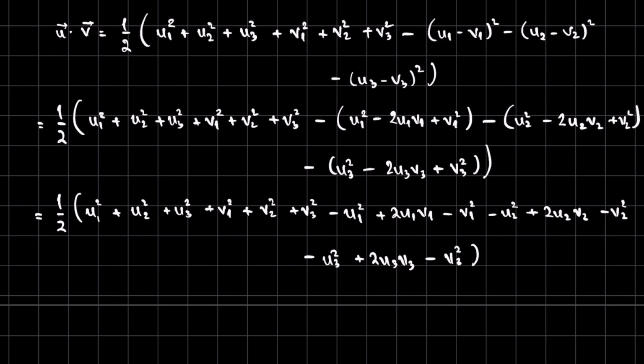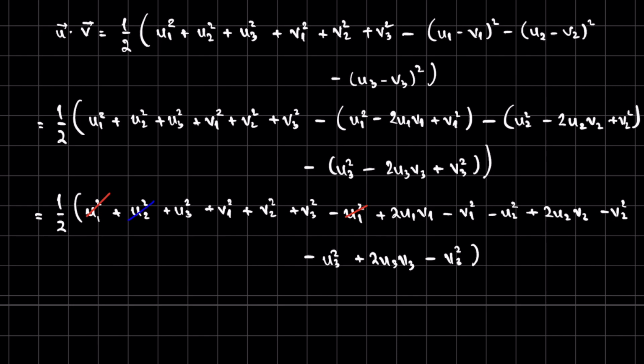Now, after these calculations, we're going to simplify or combine like terms. We see that u1 square cancels out with u1 square here. So positive u1 square minus u1 square, and so on and so forth.